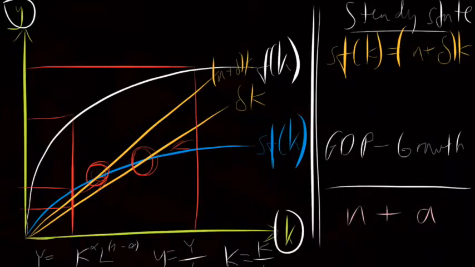And if we look at the GDP growth per capita, well, then it's not going to grow at the rate of n plus a anymore. It's going to just grow at the rate of a. So what do we have here? Well, this is the most important message that Solow had, is that GDP per capita grows at the rate of technology.